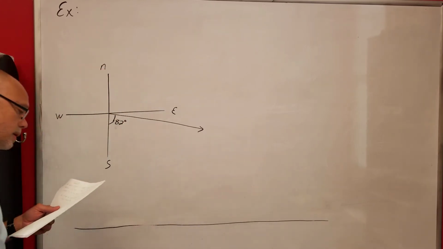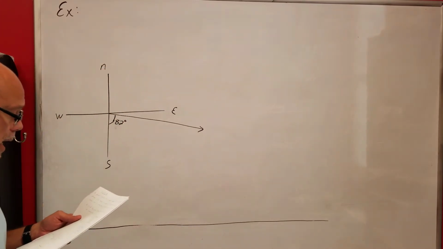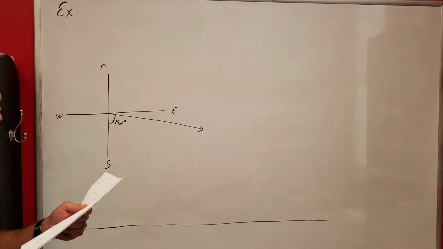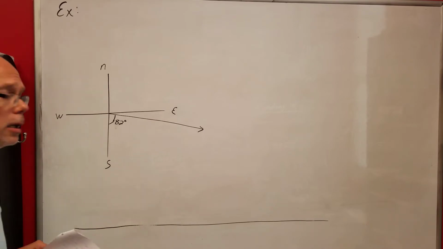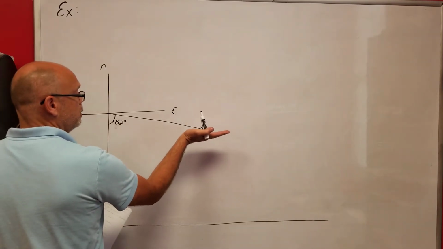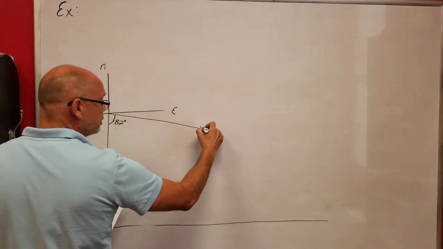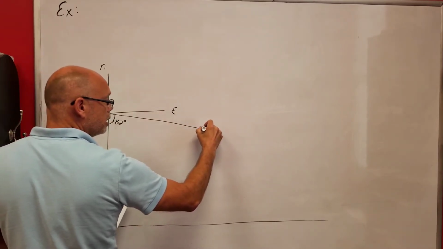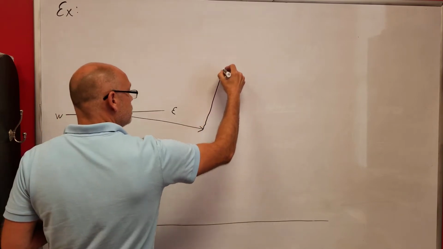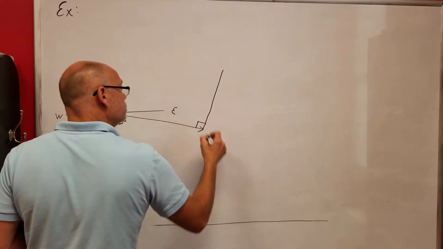Now, what else does it say? It says after 1.2 hours, it makes a 90-degree counterclockwise turn. So if it's going counterclockwise, it goes this way, and it makes a 90-degree turn. So right here, we're going to have a 90-degree angle.